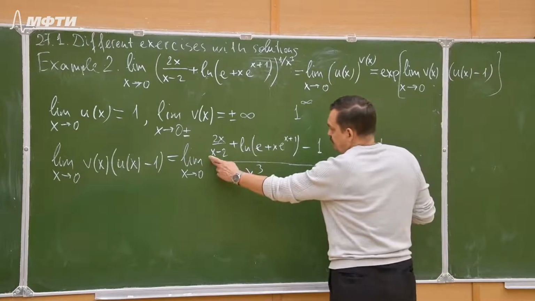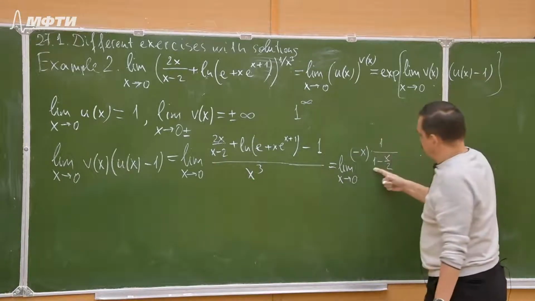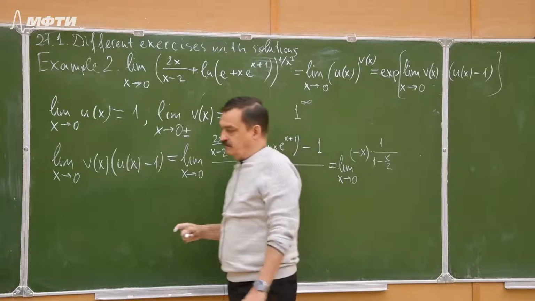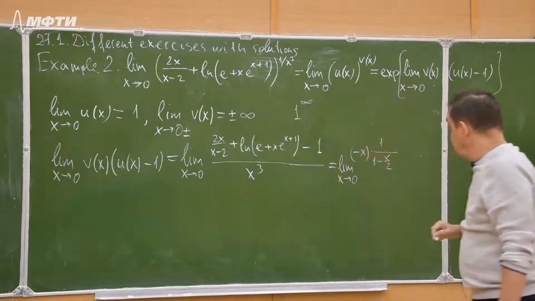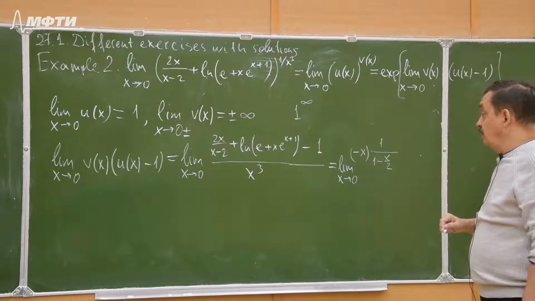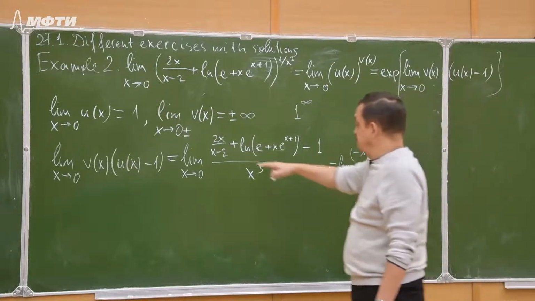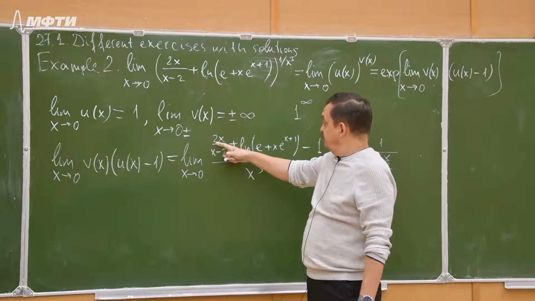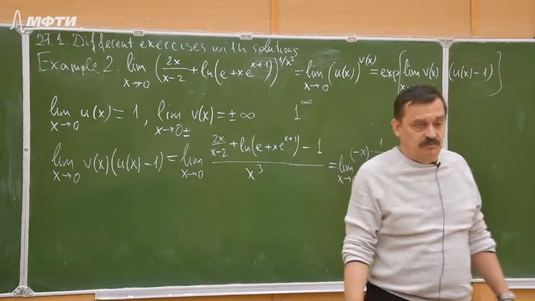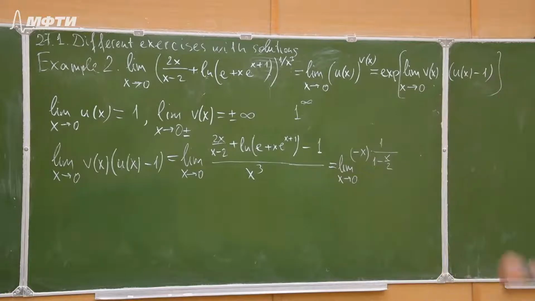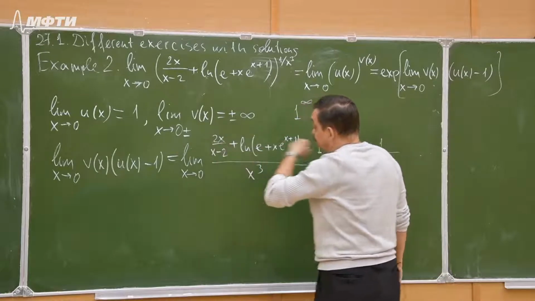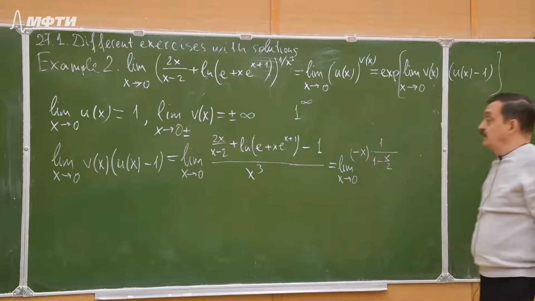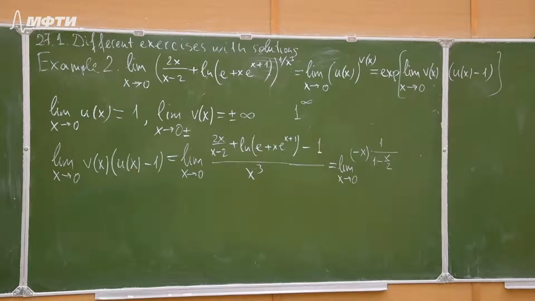We obtain then x over 2 minus 1, and I'll put minus outside of the ratio. Okay.